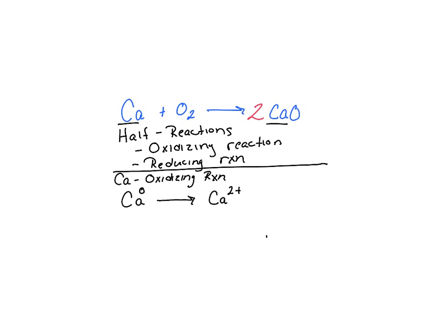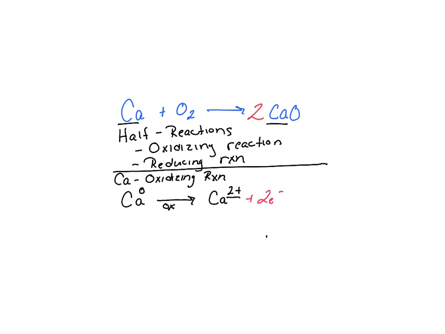Well, this is the important factor right here. Calcium has a 2 plus charge. In order for it to get there, we said before that calcium oxidized, and because it's oxidizing, that means that it's giving up those 2 electrons. So how do we balance it? Well, it's very simple. We balance it by adding 2 electrons.